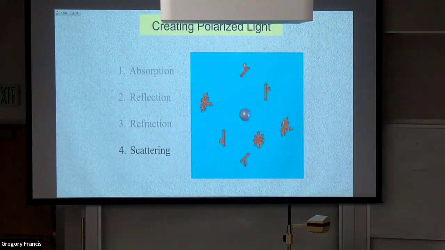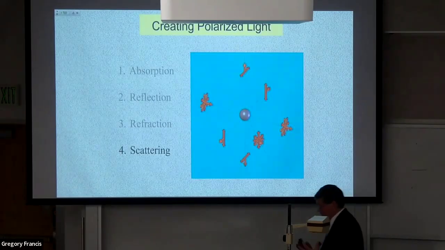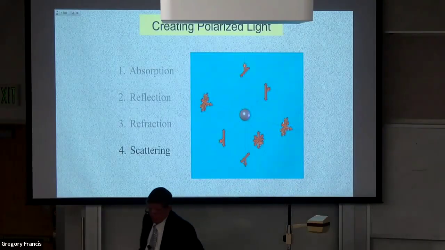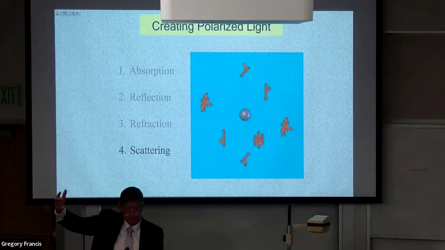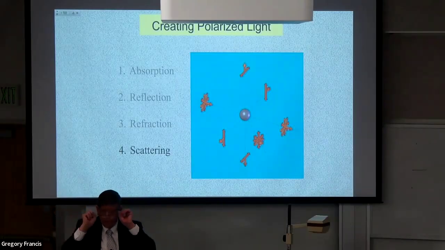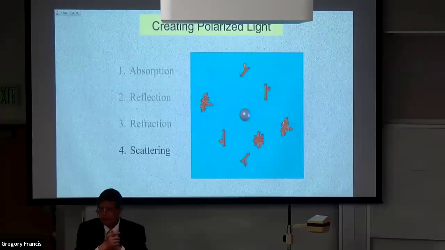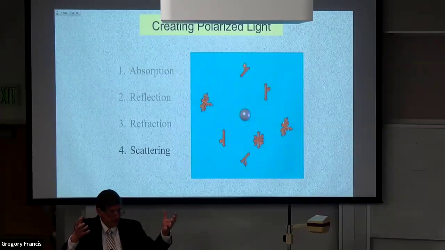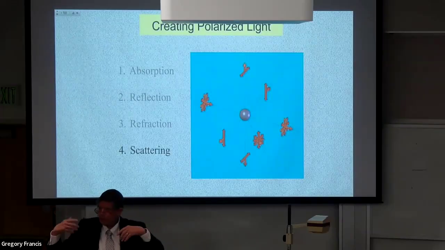Now, the last way, which is also not going to be on the exam, is that when light gets scattered, for example, when light comes from the sun, it's white light. But when I see the sun, it appears yellow. And the reason for that is that, remember, white light is red, green, and blue.